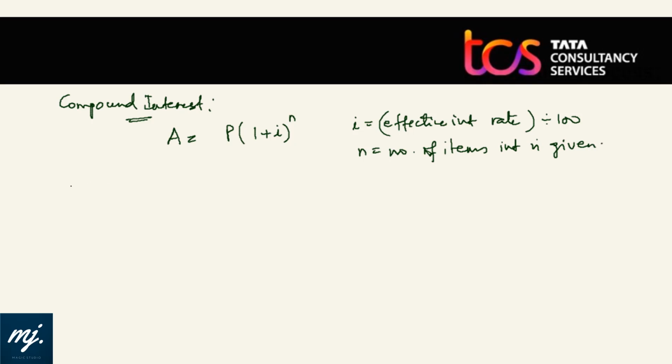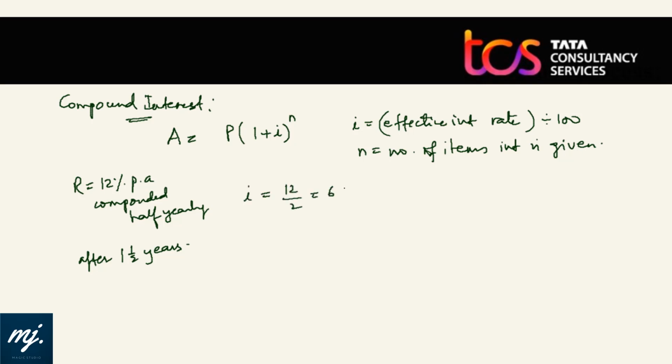Like if I say that the rate of interest is 12% per annum compounded half yearly, and you need to find the amount after 1.5 years, then I in this case will become 12 by 2, that is, the effective rate would be 6% per half year, or per 6 months.